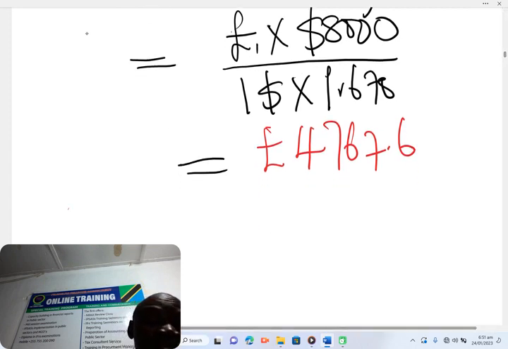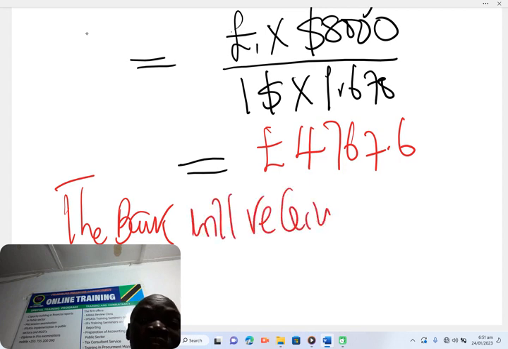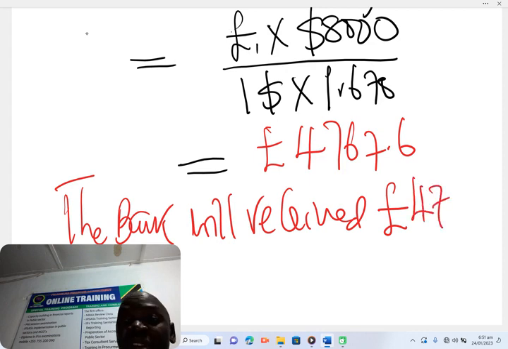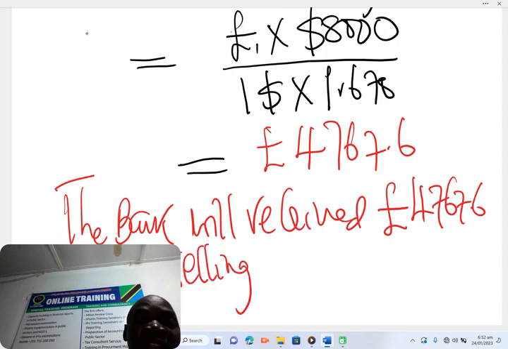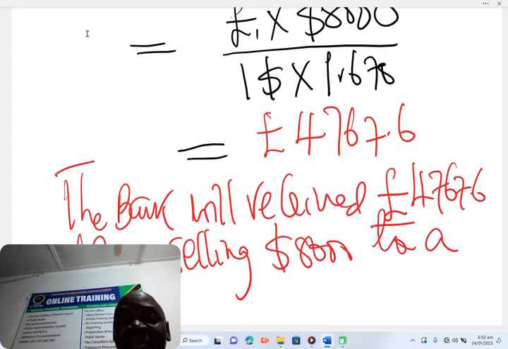So I'm saying the bank will receive £4,767 upon selling $8,000 to who? To a customer.